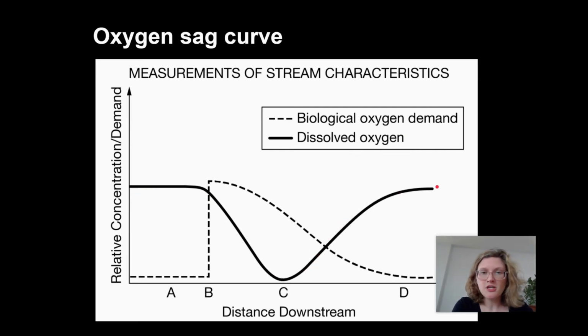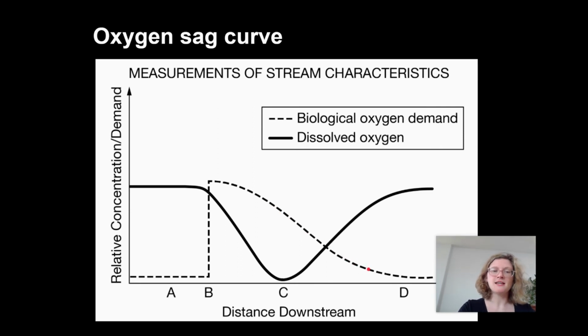And dissolved oxygen is just what it sounds like. It's the amount of oxygen that is dissolved in the water. Our second quantity is the biological oxygen demand. This one's a little bit trickier. What this represents is how much oxygen is required by decomposers in order to break down the available organic matter. And so that's represented by this dashed line.